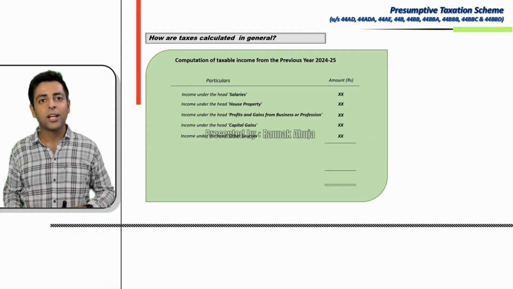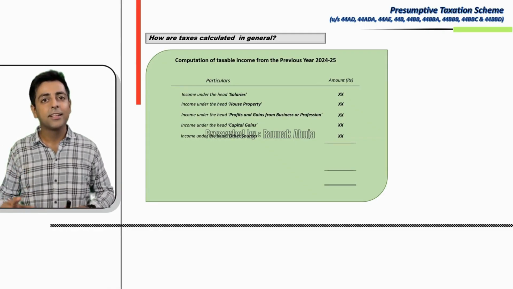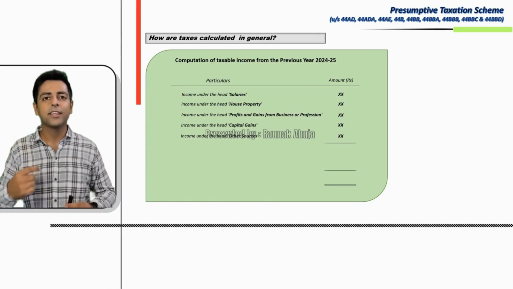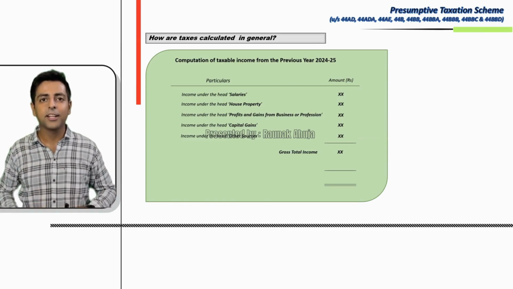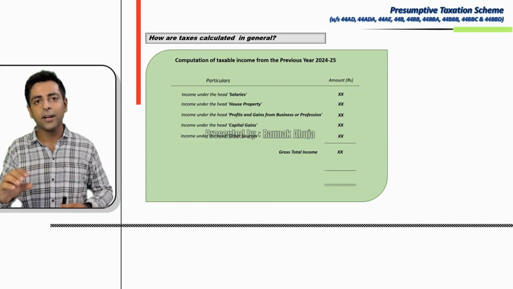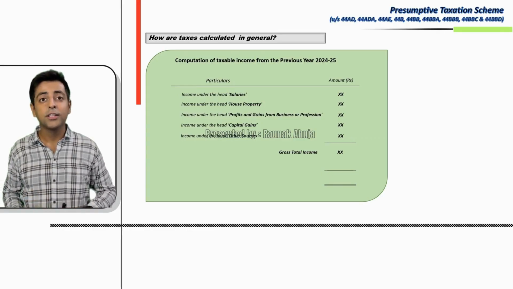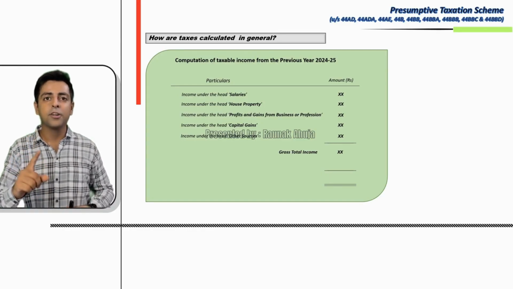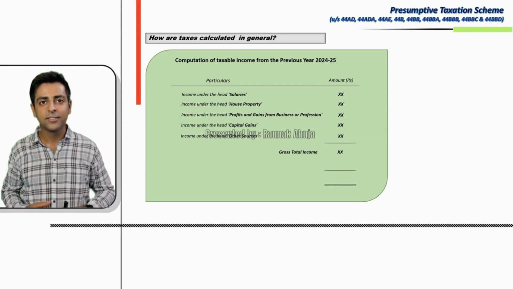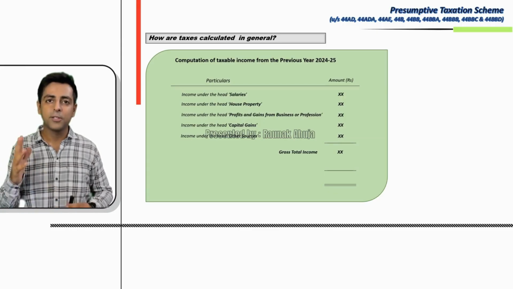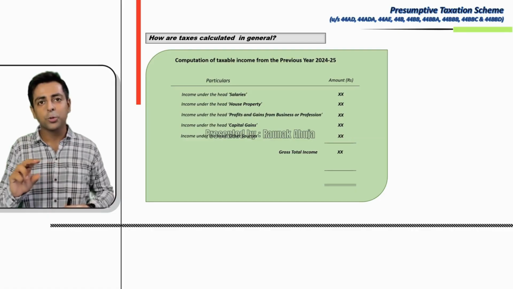Once the incomes are calculated under each of the five heads, then we sum all these incomes and we arrive at the gross total income. So, the gross total income is the first step of calculation. We add all the five heads of income to arrive at the gross total income.